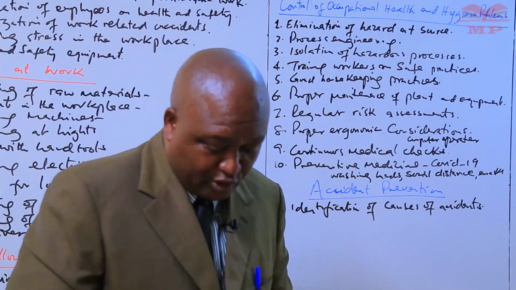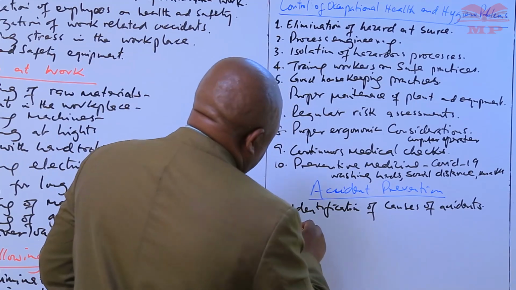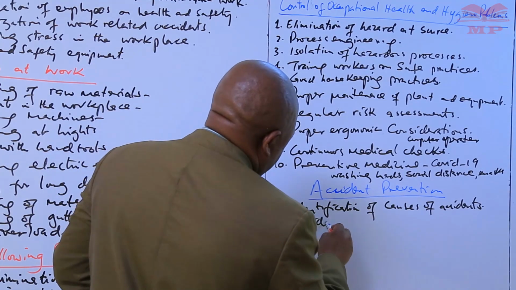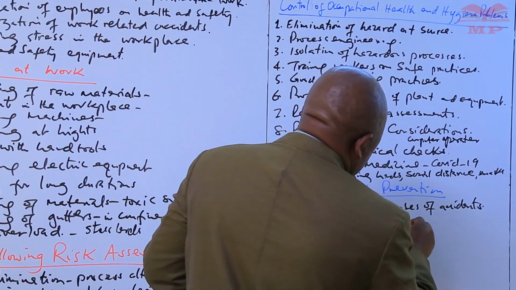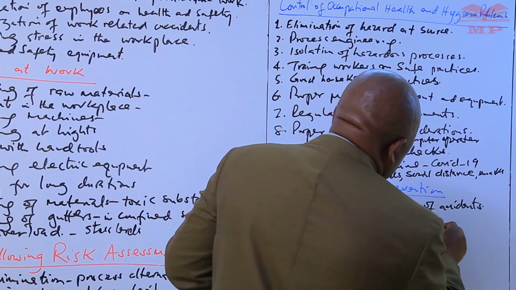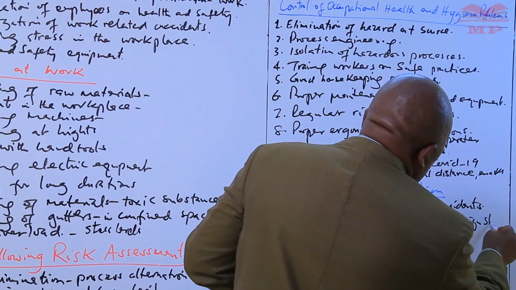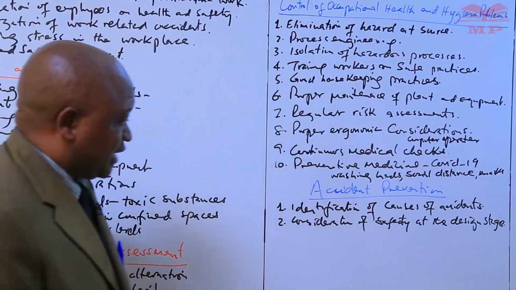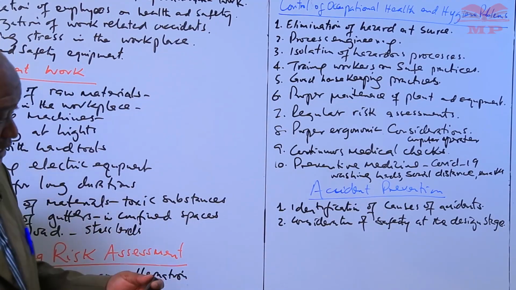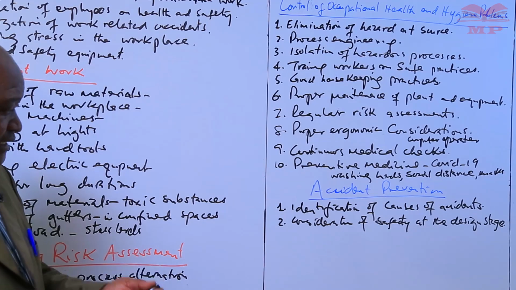Then there's the element of consideration of safety at the design stage. Design stage. So let us take an example. An organization is constructing maybe a building where they are going to have offices. So this building has a staircase.